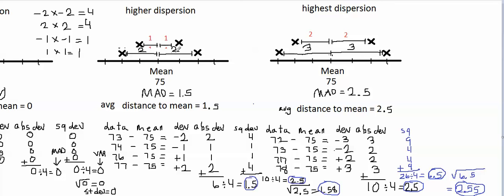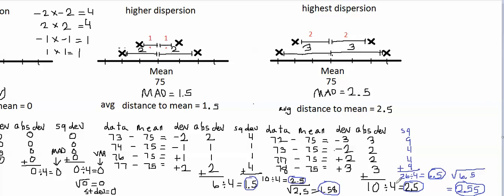When you go from this data set to this data set, MAD, variance, and standard deviation are going up. All three of them are going up, because with this data set they were 1.5, 2.5, and 1.58.